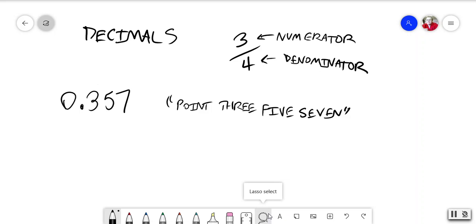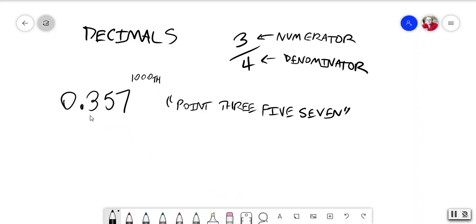Really, though, it's probably better for us to learn how to read it using fractional language. Because if you think about it, what you do is you count your places, tenths, hundredths, thousandths. So the very last place is the thousandths place.